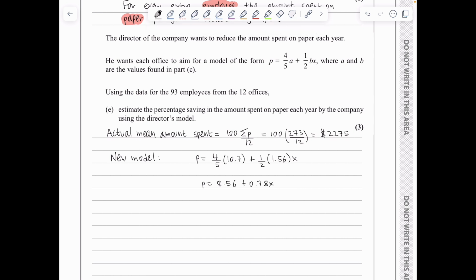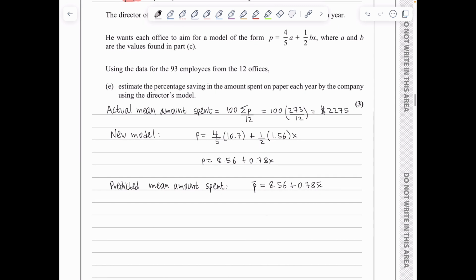So to find the predicted mean amount spent, let me start by stating that P bar is 8.56 plus 0.78x bar. So in our case, we know that the average number of employees per office is 93 over 12. So P bar is 8.56 plus 0.78 times 93 over 12.